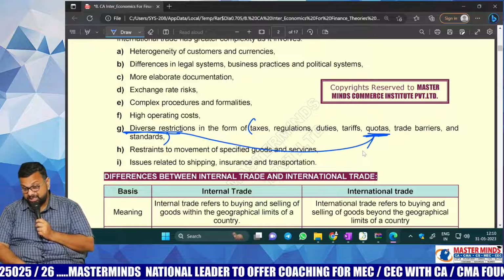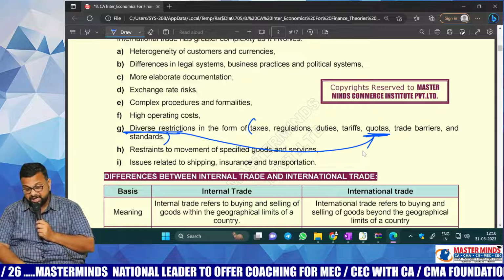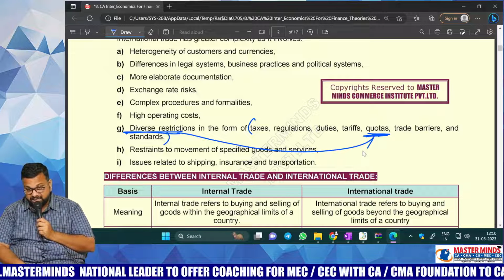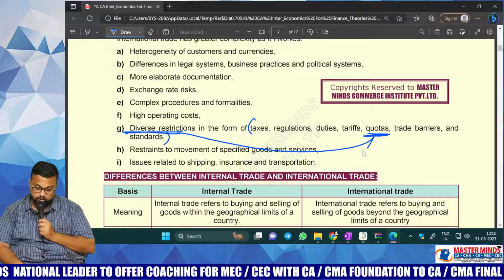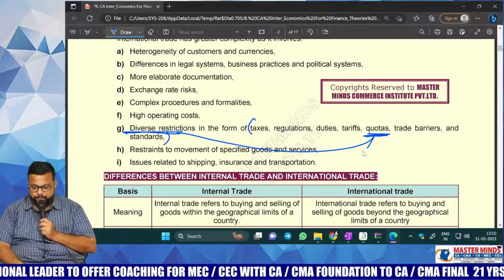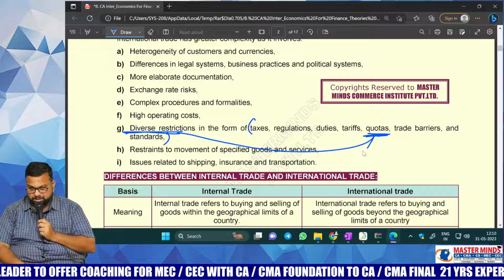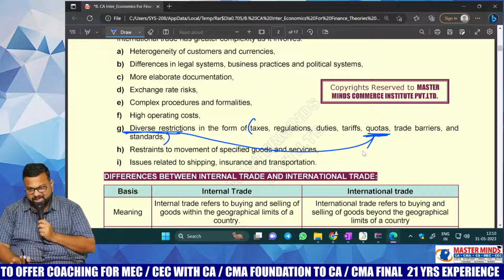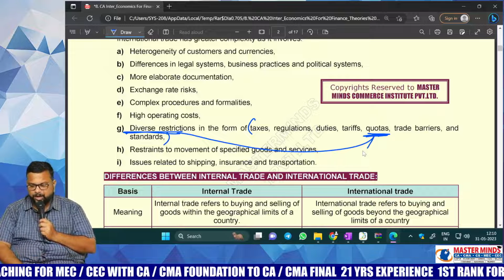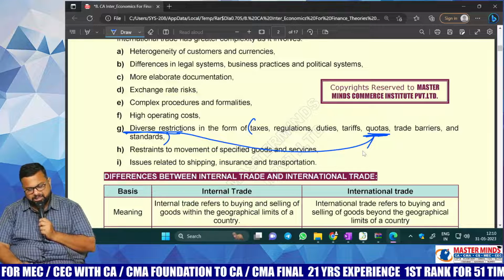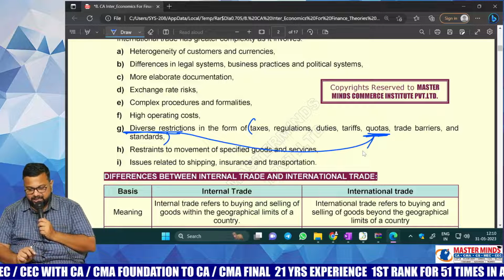You cannot easily transport goods from one country to another country, just like in internal trade. International trade, you have several restrictions that we need to follow. Issues related to shipping, insurance and transportation are predominant in international trade compared to internal trade. So all these are the points because of which international trade is more complex than internal trade.